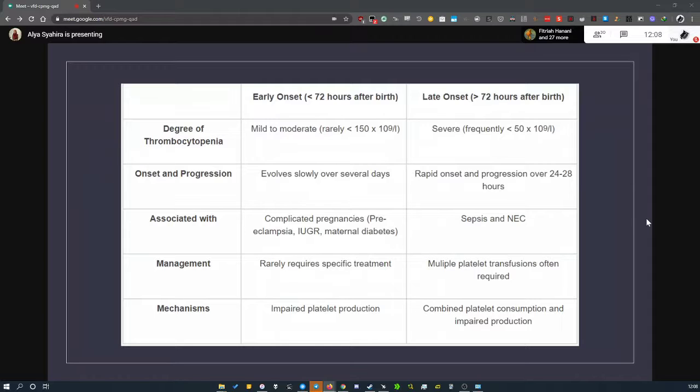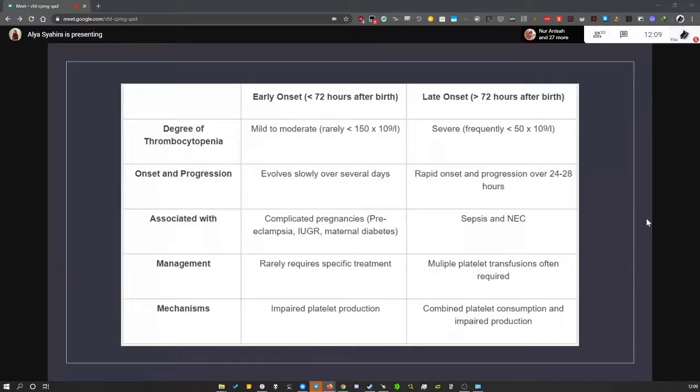So these are the differences between early onset and late onset neonatal thrombocytopenia. For early onset, the degree of thrombocytopenia is mostly mild to moderate. It evolves slowly over several days and is usually associated with complicated pregnancy like preeclampsia, IUGR and maternal diabetes. The mechanism is usually impaired platelet production, and it rarely requires any specific treatment.